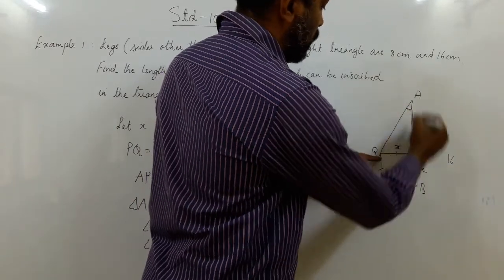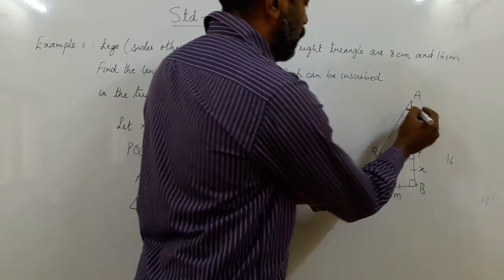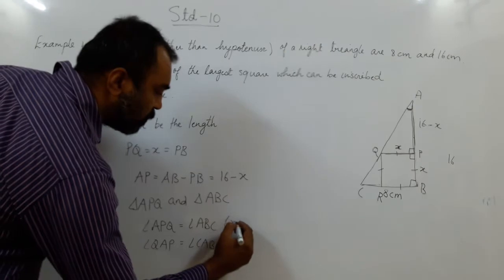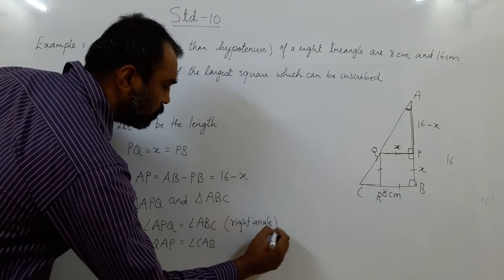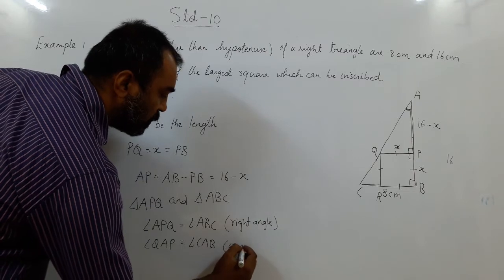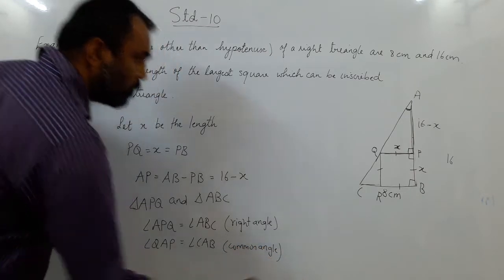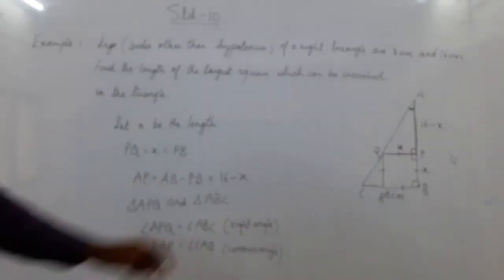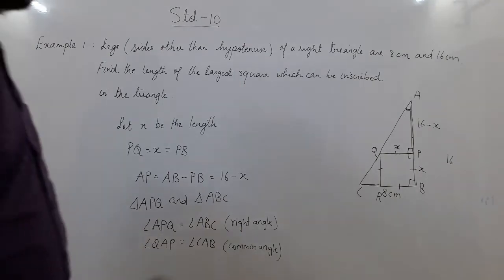So these two were equal because they were right angles, and these were equal because they are the common angle. I hope I am clear till here. Because two angles are equal, the triangles have to be similar.